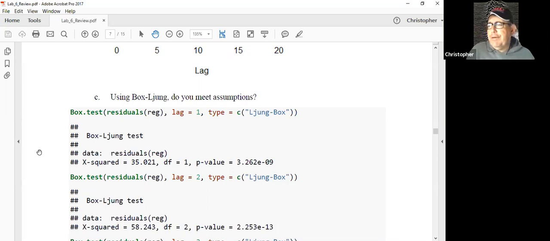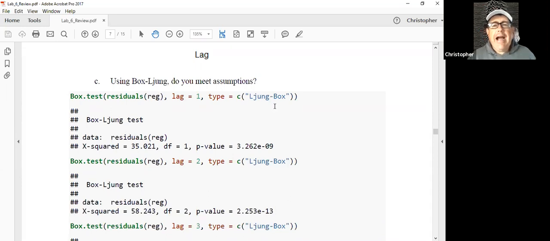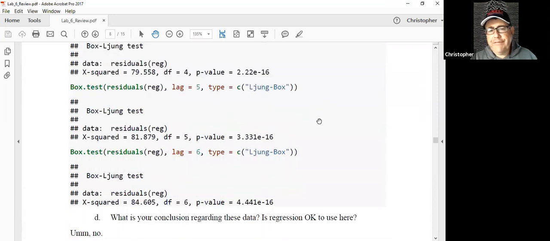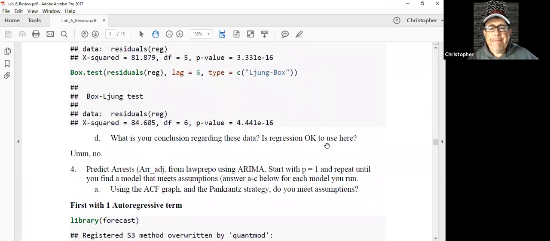I think it's probably a little too liberal in that it's cumulative, and if you have 10 lags, only one of them is problematic, say the first one, and the other 9 are fine, it's probably going to come up with no problem, where you actually do have a problem. So I include Box-Ljung because I know it's commonly used, but I would say that the autocorrelation function graphs are probably your better bet in terms of addressing assumptions. So you can see all of these are significant because we had some serious issues.